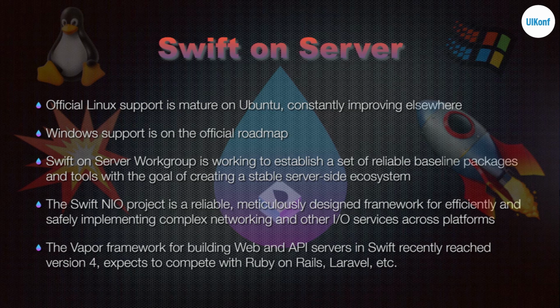Vapor is the Swift version of all of that. Version 1 and to a certain extent version 2 were heavily based on Laravel. Version 3 was starting to get away from that a little. With version 4, we've gotten a much further distance away from that. It's now a proper, completely independent framework in its own right.